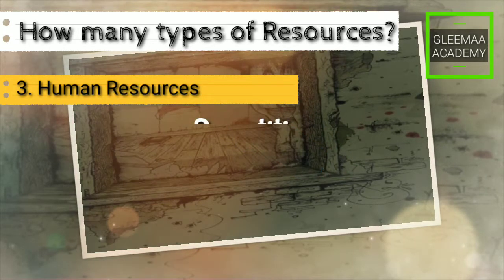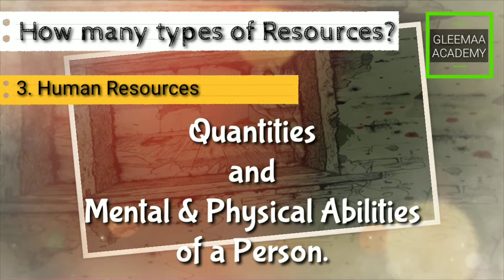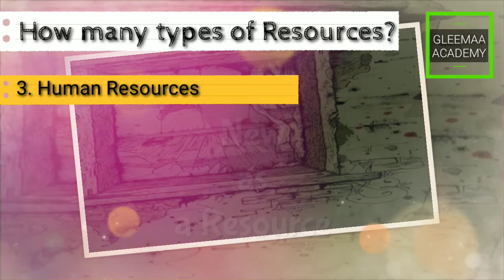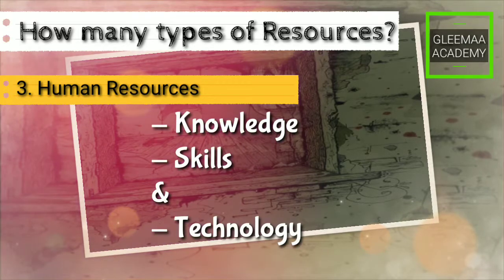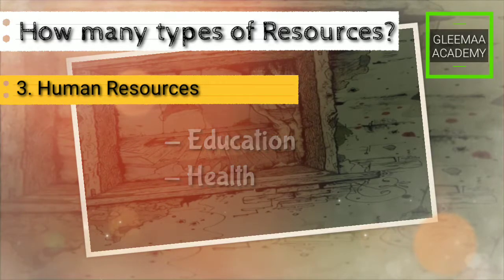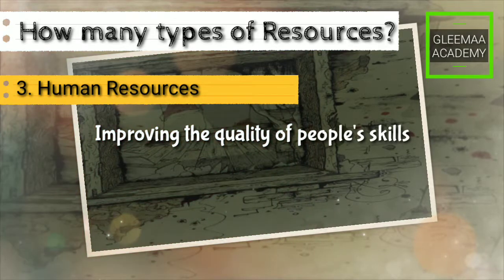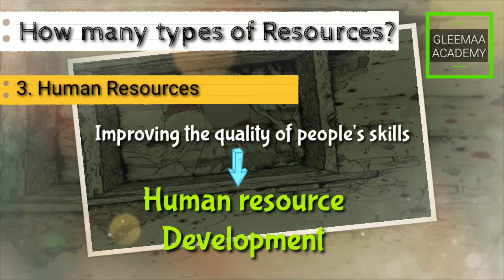Human resources are the quantity and the mental and physical abilities of a person, which help to create something new as a resource by using their knowledge, skills, and technology. For example, human resources in the field of education, health, etc. And this improving of the quality of people's skills so that they are able to create more resources is known as human resource development.